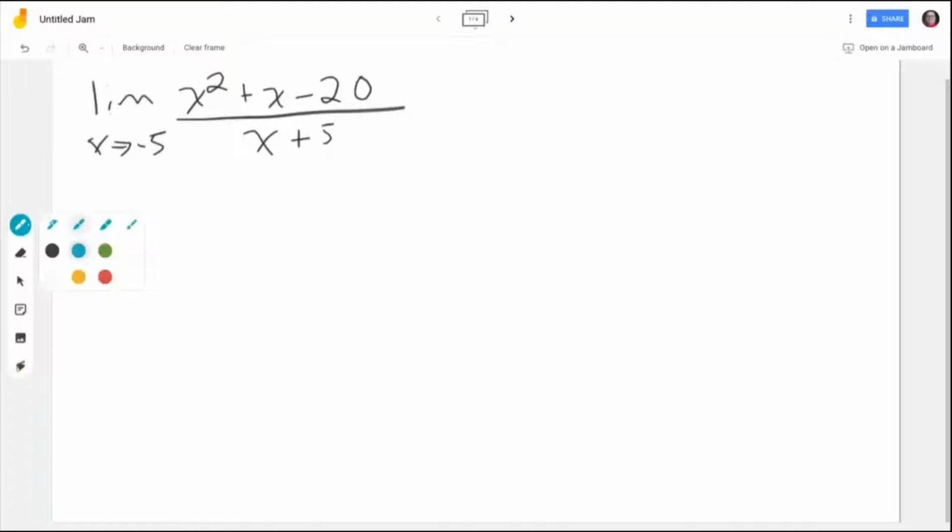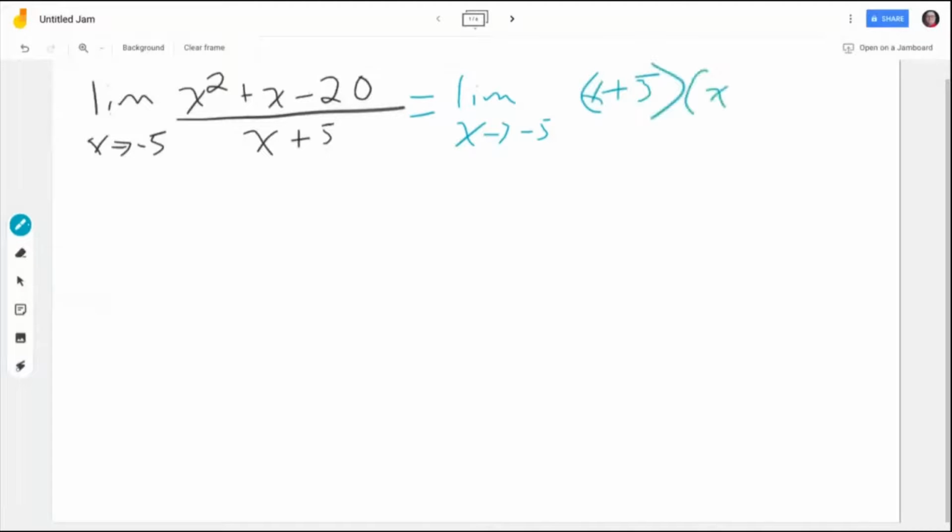So what we're going to try to do is factor the numerator here and see if it allows us to cancel some stuff out, if it allows us to reduce. So we'll have the limit as x approaches -5, that's still the case. This x squared plus x minus 20, we can factor that and make this (x plus 5) times (x minus 4).